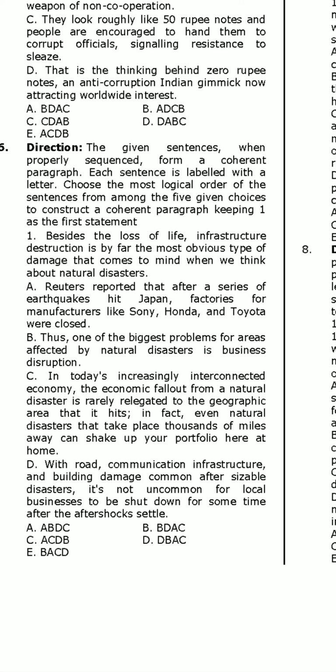Then we have 4 follow-up sentences for this particular sentence: A, B, C and D. Now we have to sequence these sentences so that our paragraph is logically correct. So it is basically forming the paragraph by logically arranging the sentences.